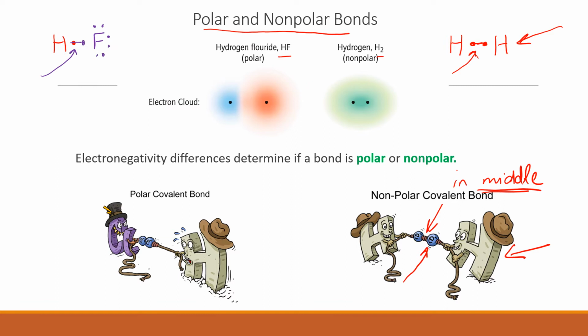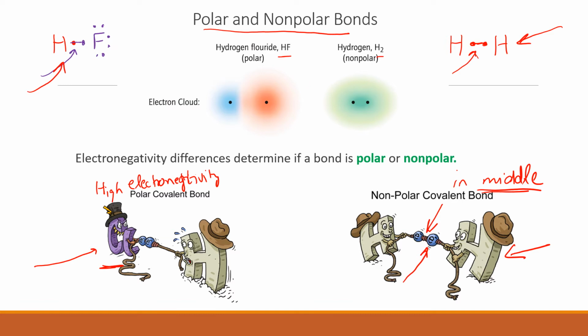However, the situation is different in case of HF. This picture shows HCl, but the logic is still the same. Cl has a high electronegativity. So it means chlorine has more power or more ability to attract the electrons.